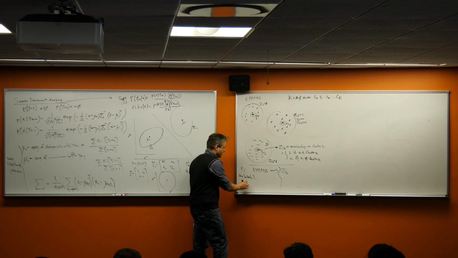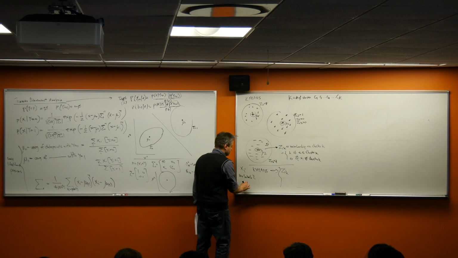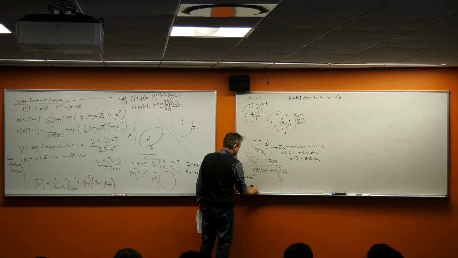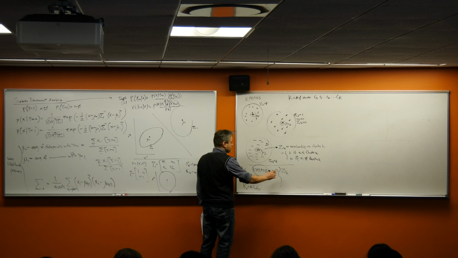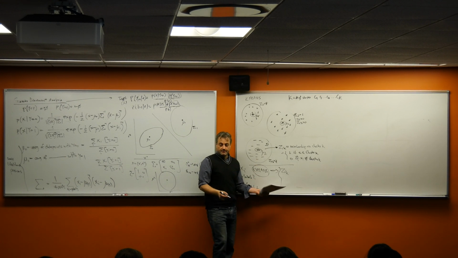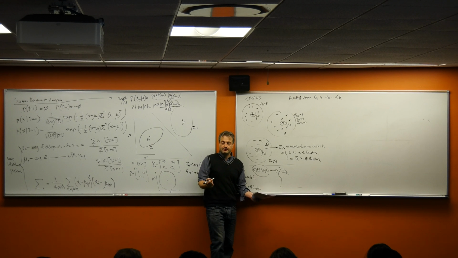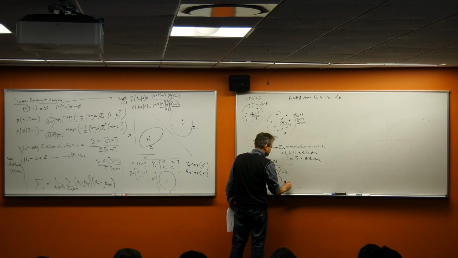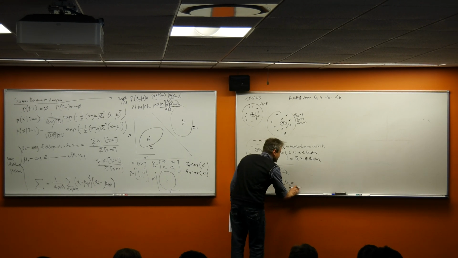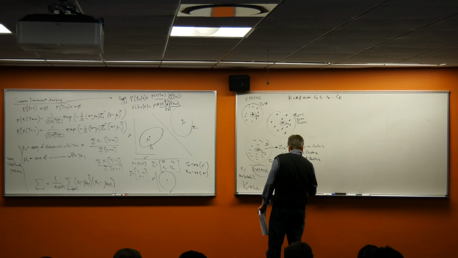I get the big K, the number of clusters. I apply k-means, what do I get? The memberships, which point belongs to which cluster. What else? The centroids. This is the center of cluster k, right?